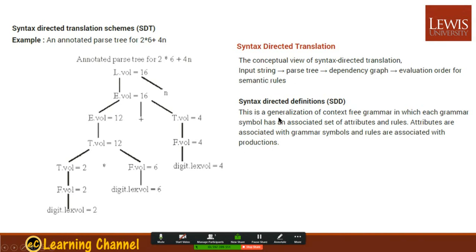The syntax-directed definition is a generalization of context-free grammars in which each grammar symbol has an associated set of attributes and rules. Attributes are associated with grammar symbols and the rules are associated with the production. Remembering the tree, you will understand what the syntax-directed translation scheme is. It's basically the annotated parse tree for this expression.